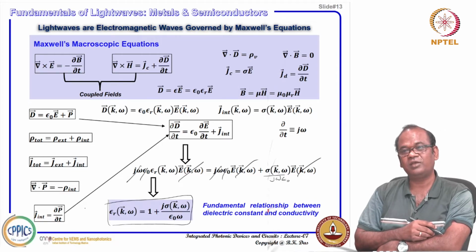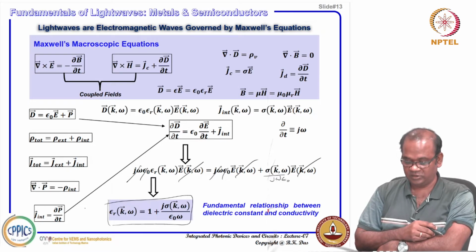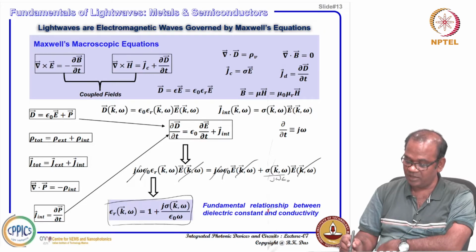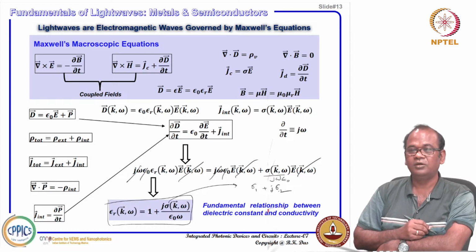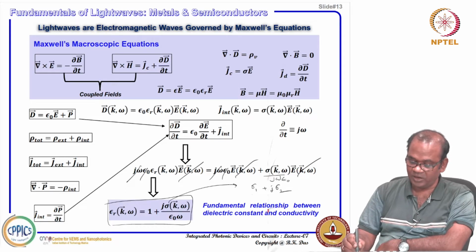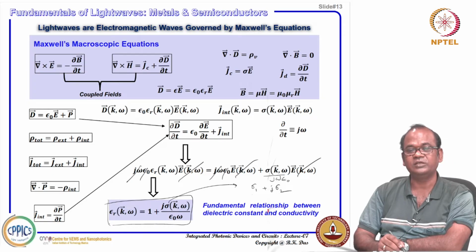So, this is the thing I was trying to explain in the beginning, that fundamental relationship between dielectric constant and conductivity. If you know the conductivity, then you can know the dielectric constant at a particular frequency. By the way, this conductivity can also be thought of as sigma 1 plus j sigma 2, if it has a real part and an imaginary part, then you can also consider how epsilon r can be represented here.